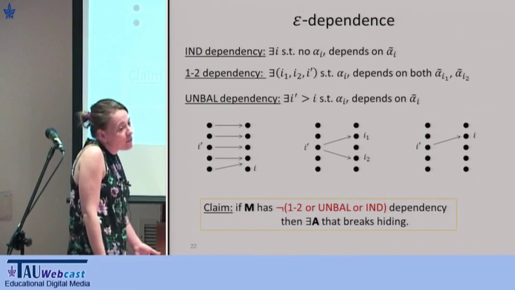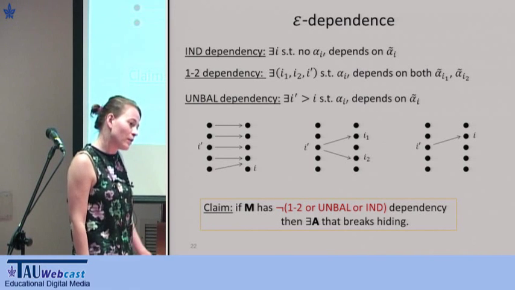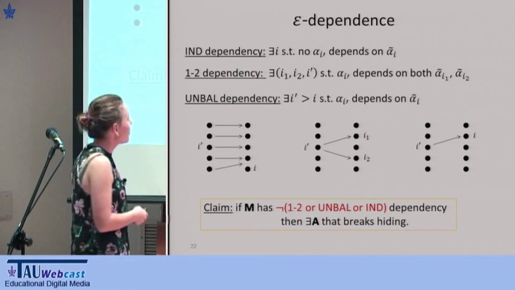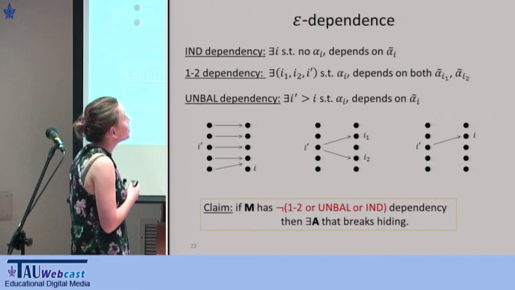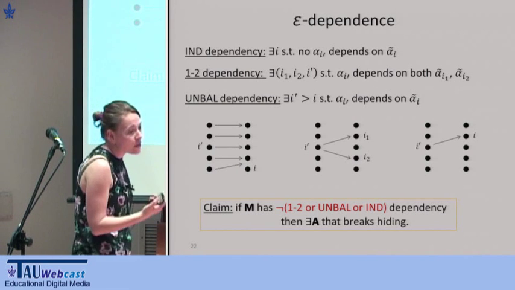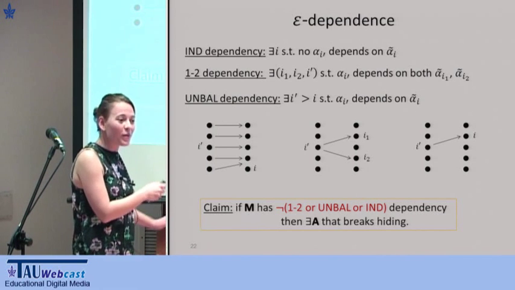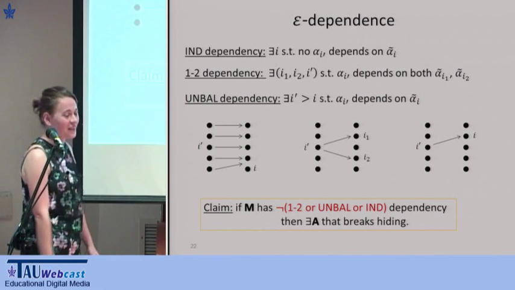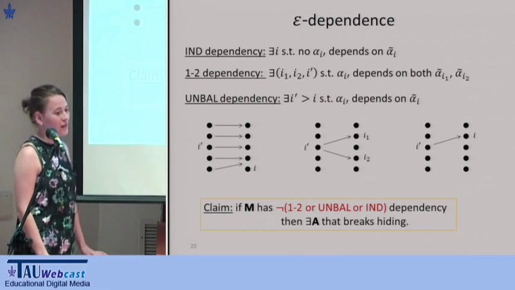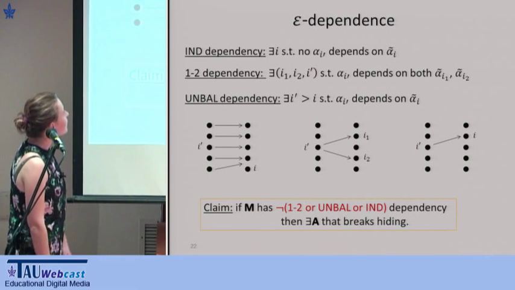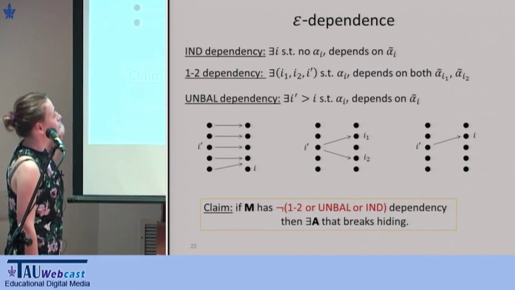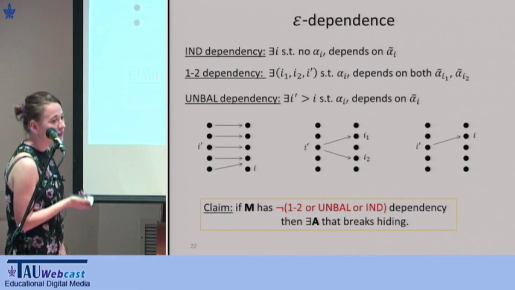Yes, but maybe for a different protocol you'll need a different epsilon dependence definition, and then maybe you'll have a problem for the new definition to divide it like that. We had tries where you could not divide the domain of all possibilities. And I'll just say we don't show directly that we break hiding.